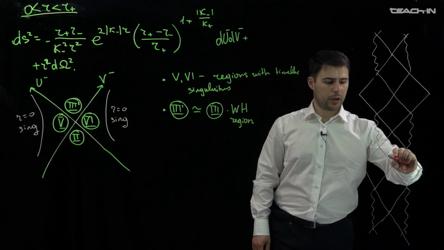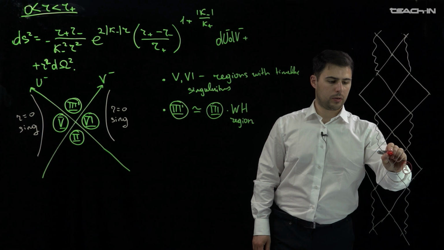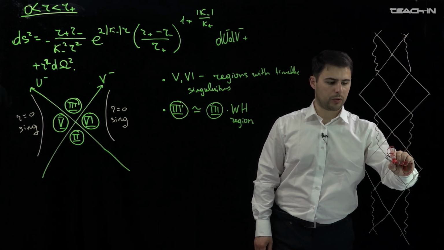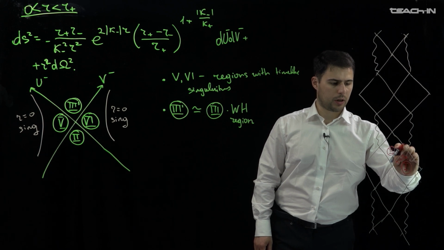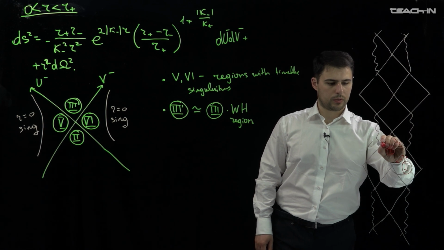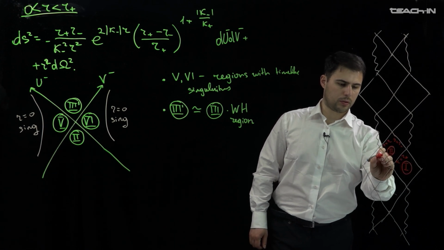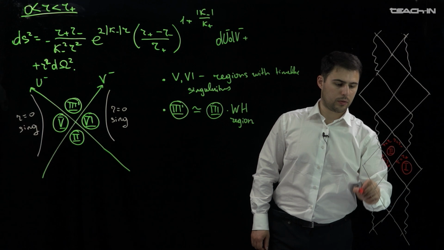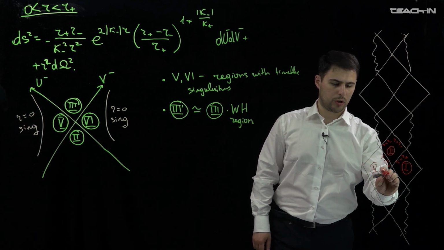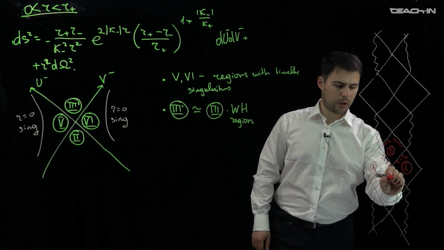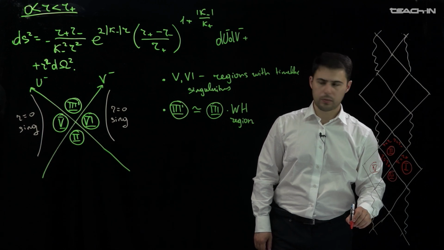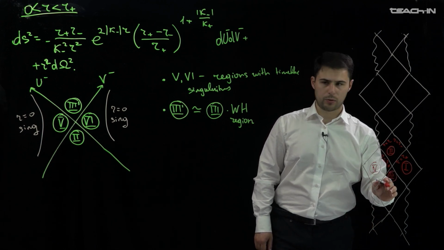So we have the black hole region, that is the region between the two horizons, r equals r plus and r equals r minus. We have the second asymptotically flat region, and we have the white hole.